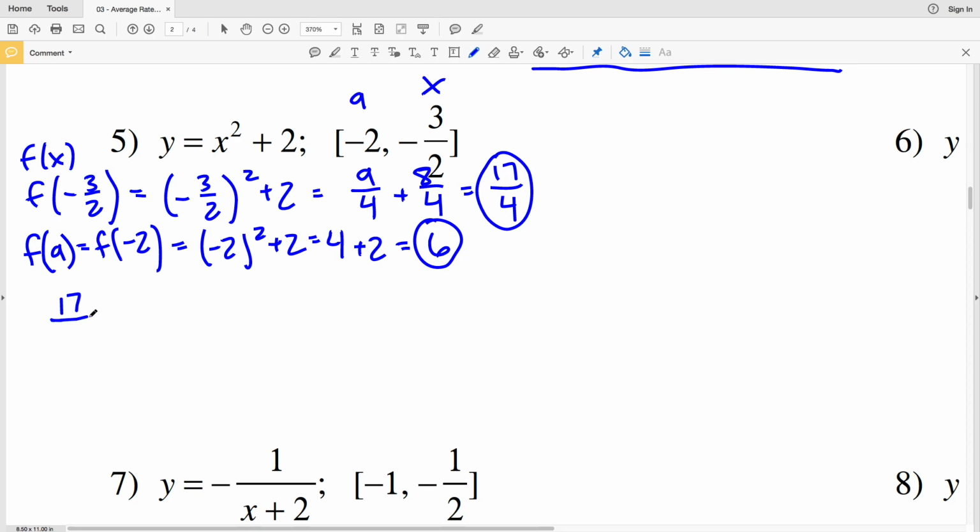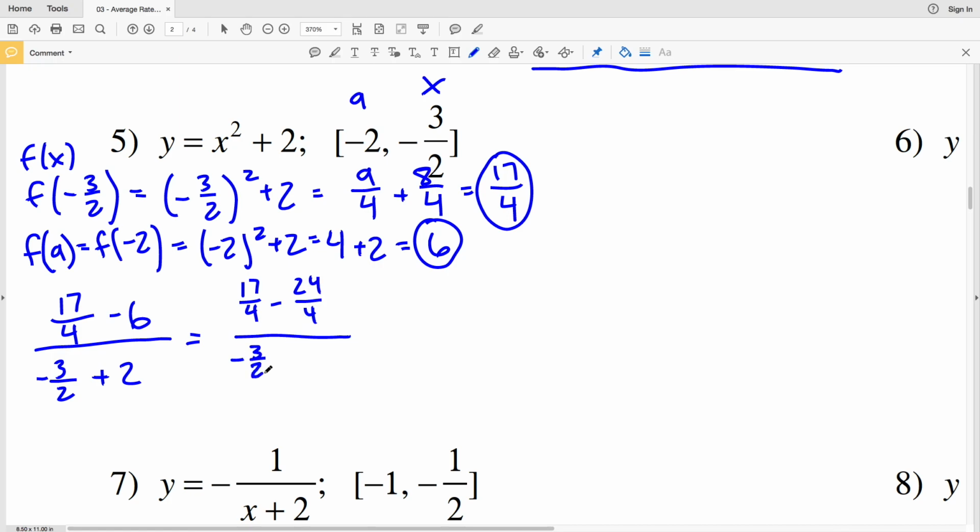That's going to be 17/4 minus 6 all over x of negative 3 halves minus a of negative 2, minus negative 2 I'll write as plus a positive 2. So writing 6 in terms of 4, I'm going to have 17/4 minus 24/4, and that's all over negative 3 halves plus, writing 2 in terms of halves, 4 halves.